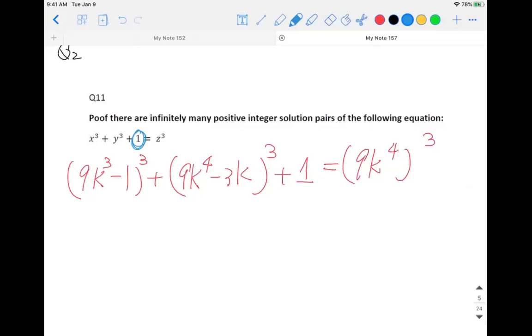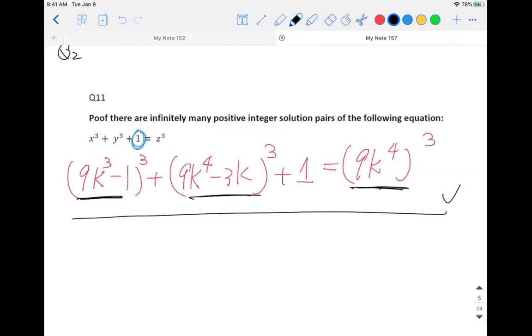You need to find one solution pair, x, y, z, and then taking from there, doing some tweak to make sure you can construct such a form. I think this is something you really need to know. Really think about it. In today's assignment, I'm going to give you some other similar equations. You need to guess how to construct the m, how to construct all the coefficients to make sure this identity holds.